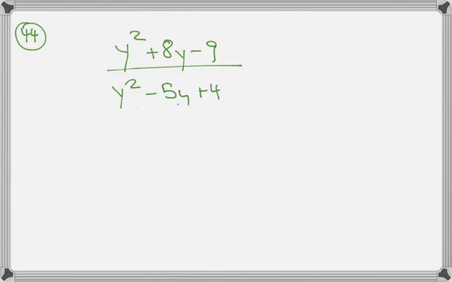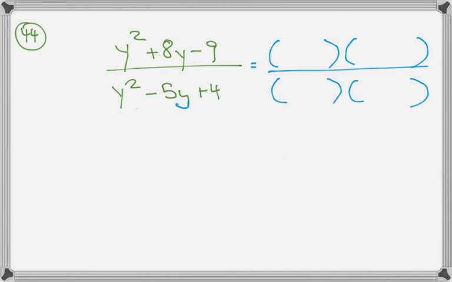Okay, now we have a little bit more involved. So these are trinomials, number 44. Luckily for us, these trinomials have a leading coefficient of 1, and when that is the case, you can just make your 2 parentheses. And we have a y here, y here. Find 2 numbers that multiply to negative 9, but at the same time add to 8. 9 times negative 1.